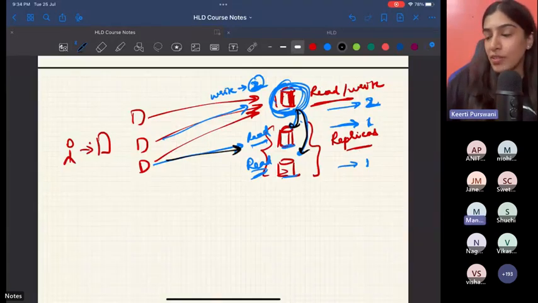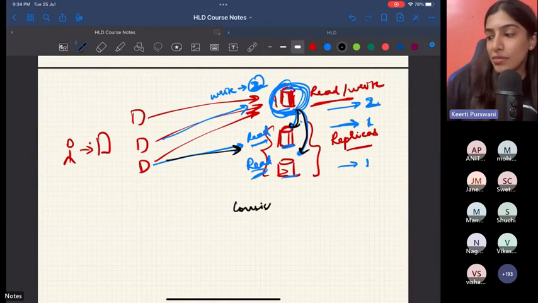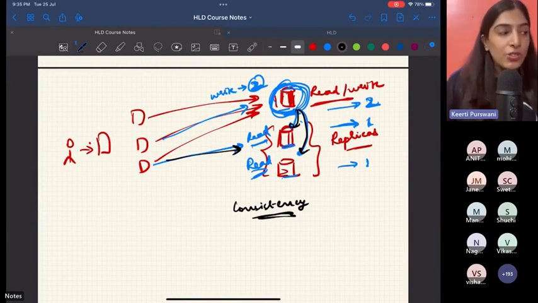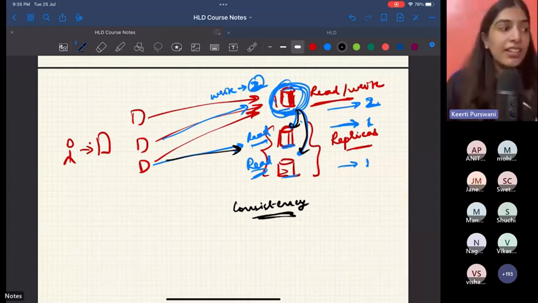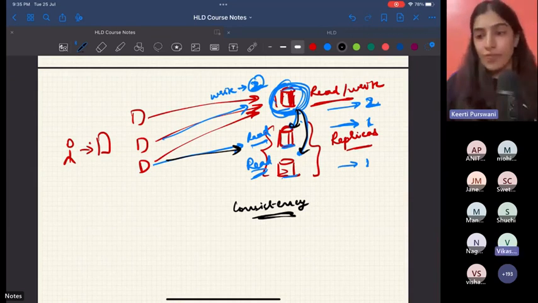Right? Yes. So as people are saying, it is not consistent. This is what consistency means. Consistency means that as soon as we write something, after that, if any read happens, we should be able to see the latest data that we synced.